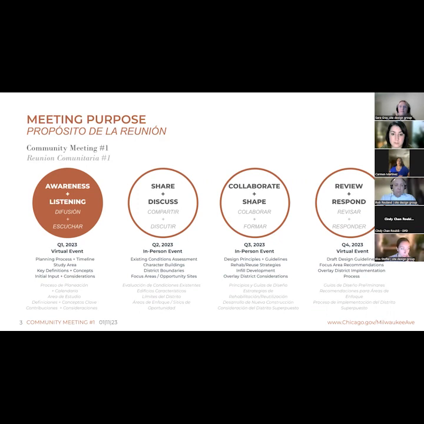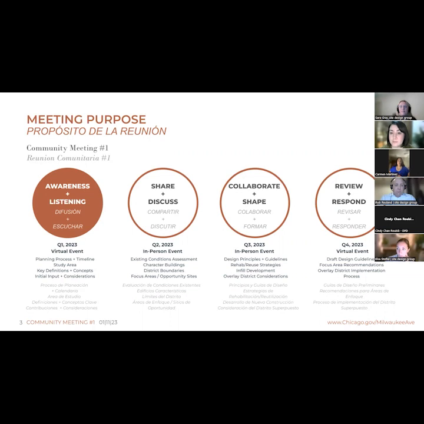Also sharing with you buildings that we've identified as character buildings, allowing for continuing collaboration, allowing the community and our working groups to help shape the project. We'll talk about design principles and how we're going to integrate design guidelines for this project, which will help us with rehabilitating and reusing buildings and providing strategy tools for future development.